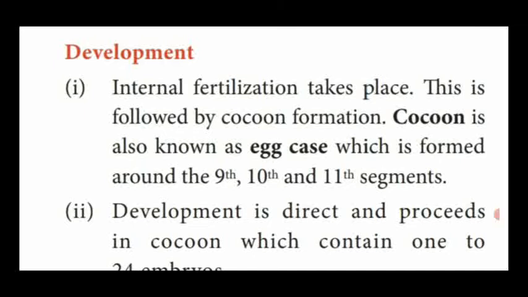After this, they produce a separate formation called a cocoon formation, that is, an egg case. A cocoon contains eggs, that's why it is named an egg case. This egg case is formed around the 9th, 10th and 11th segments.